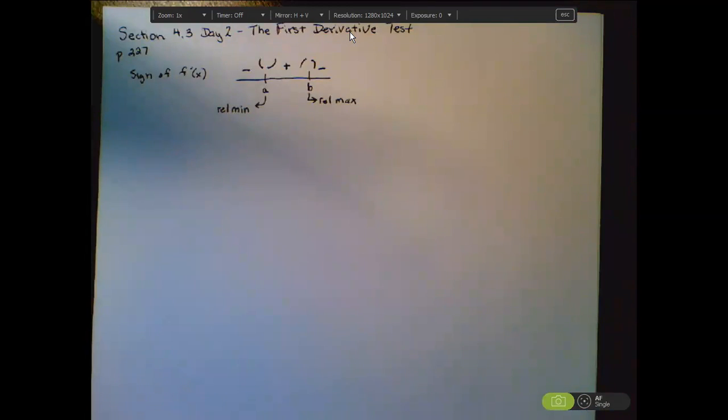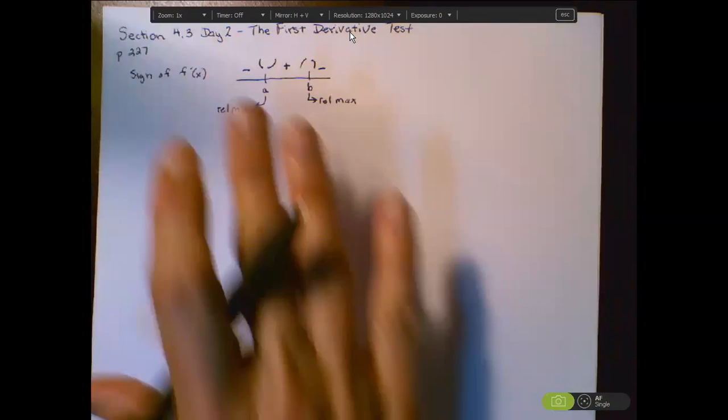Now, all of chapter 4 is about being able to graph functions better than we could in college algebra or even pre-calculus, and this is just one of the steps.